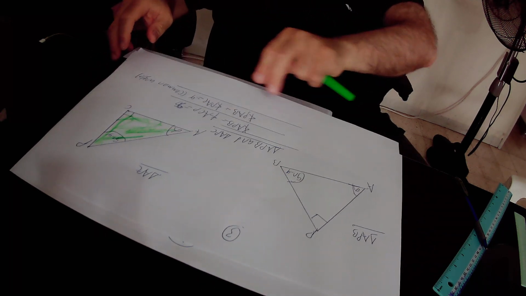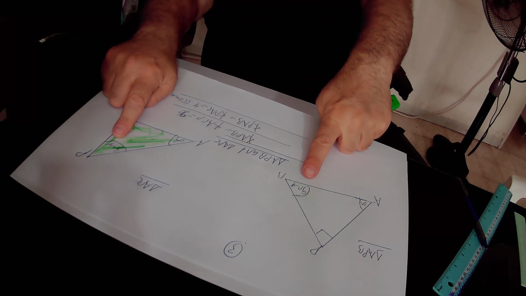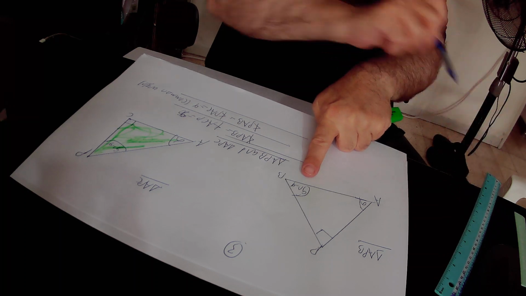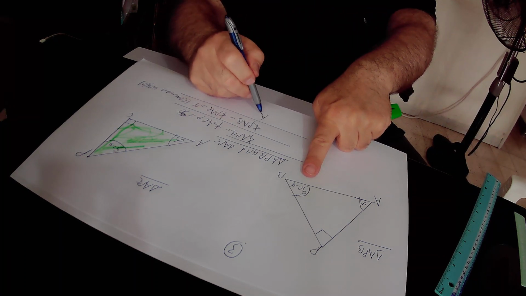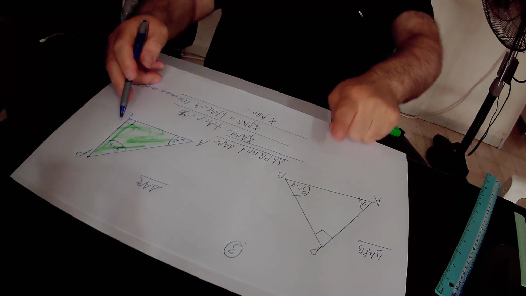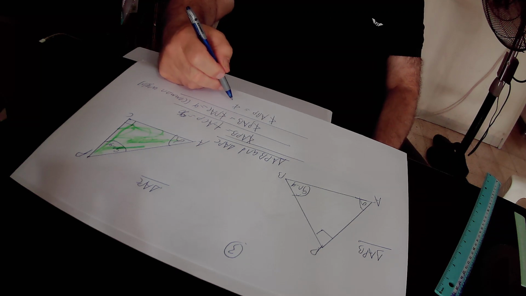And finally, those two angles are both equal to 90 degrees minus alpha, therefore they are equal to each other. So this is angle ABP in the right triangle APB, and it is equal to this angle, angle APC in the green triangle APC.